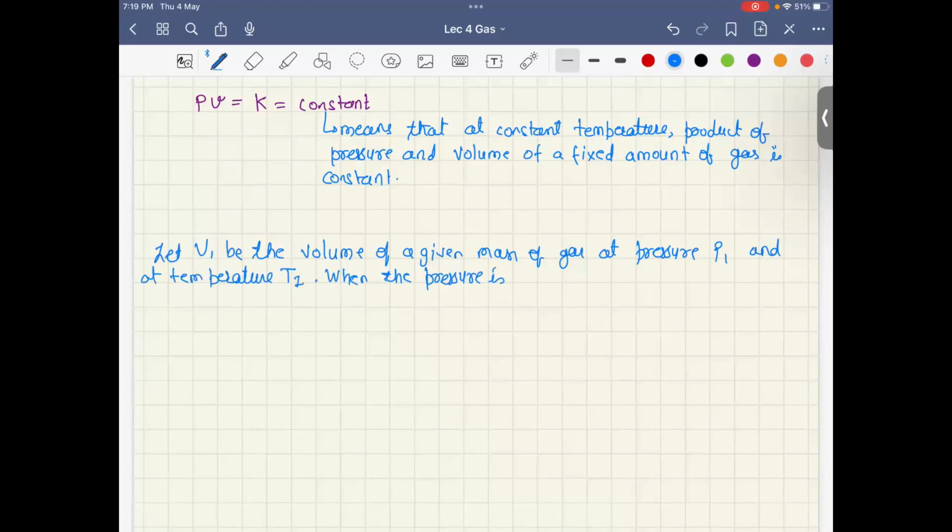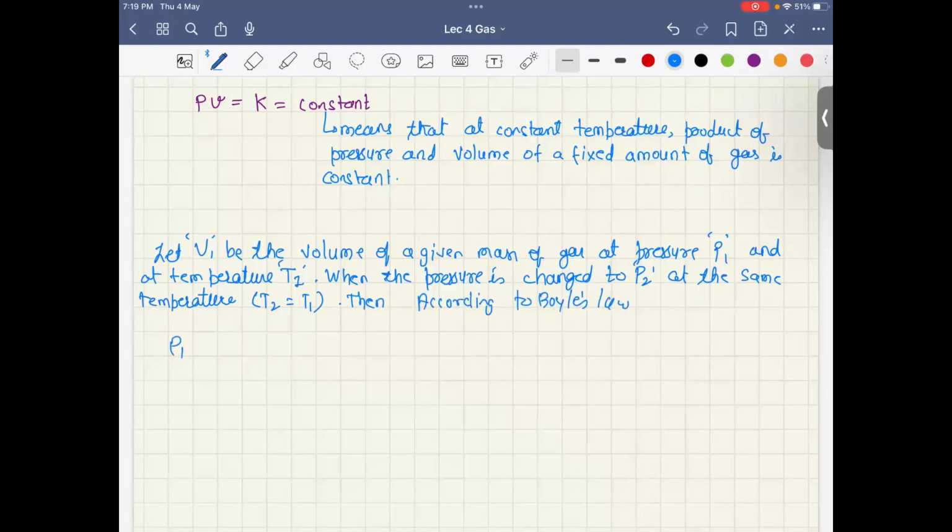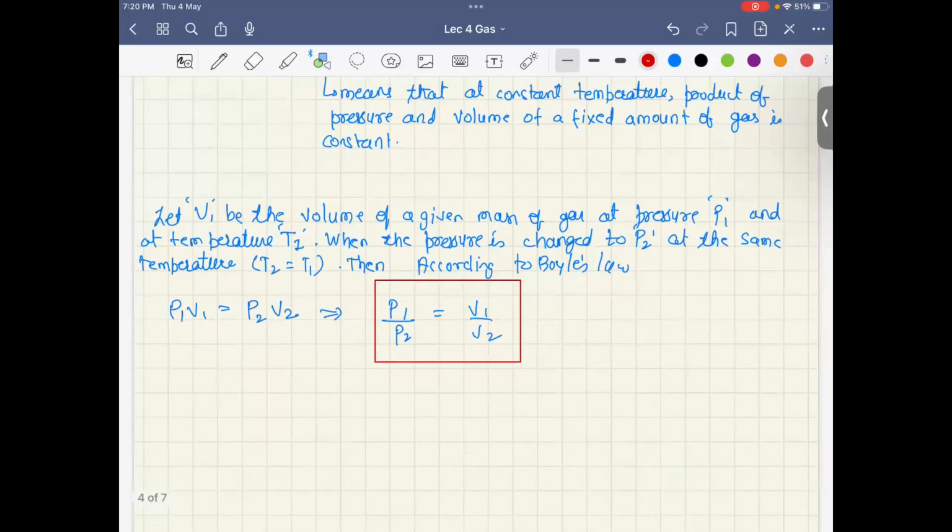When the pressure is changed to, let's say, some value P2, at the same temperature, that means T2 is equal to T1, then according to Boyle's law, we can write P1 V1 is equal to P2 V2, which implies P1 by P2 is equal to V2 by V1, right?